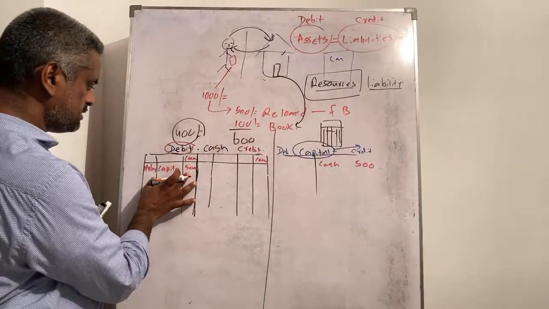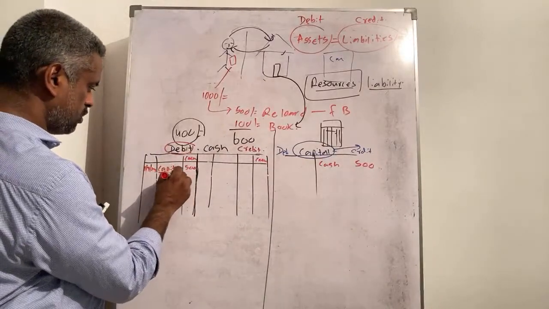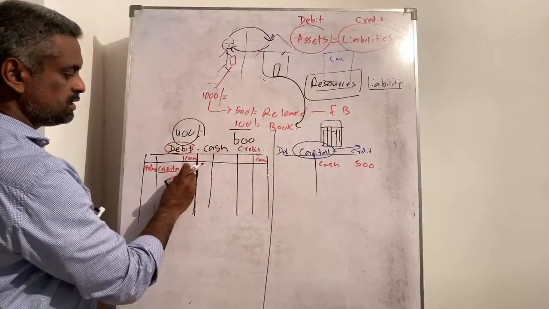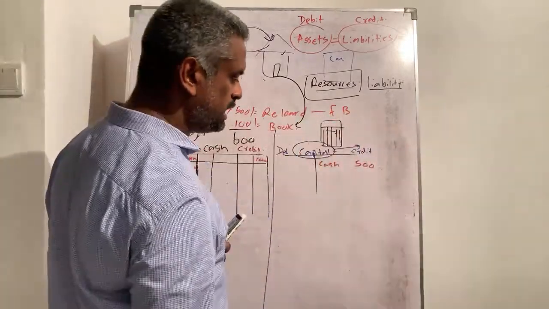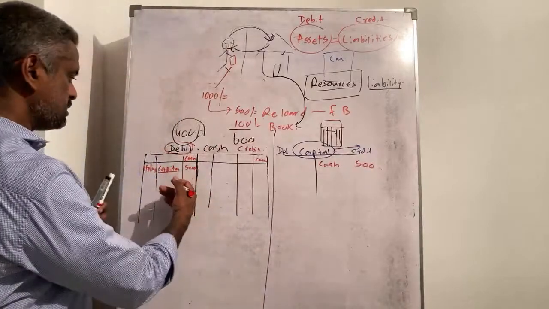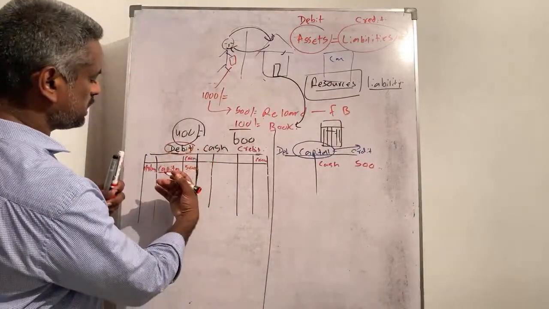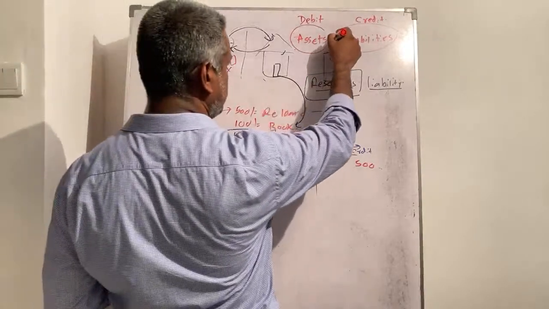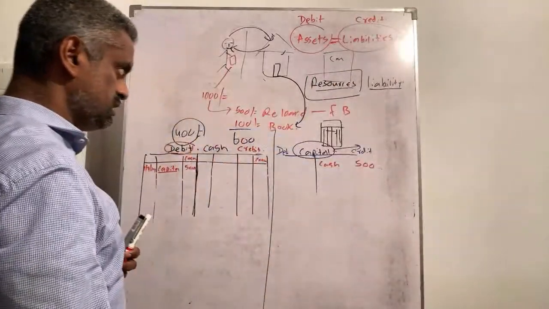Merely by looking at this, you can identify, okay, capital account credit. If this is debit, then whatever should be there on the credit side equals it, whatever minus. Always the equation equals, right?